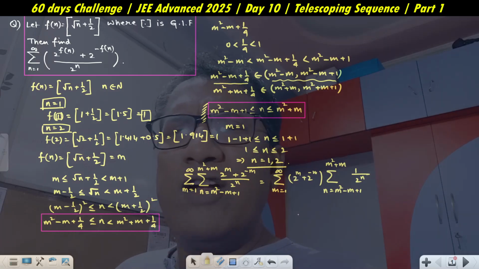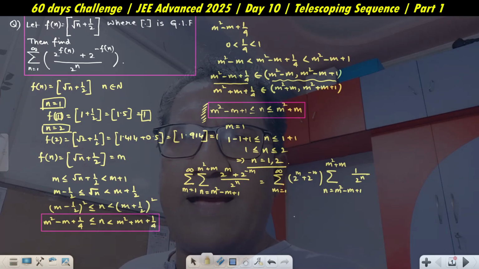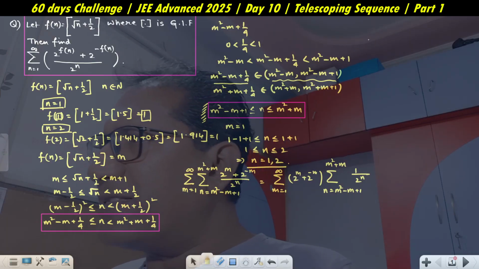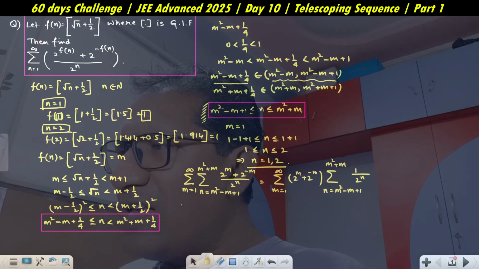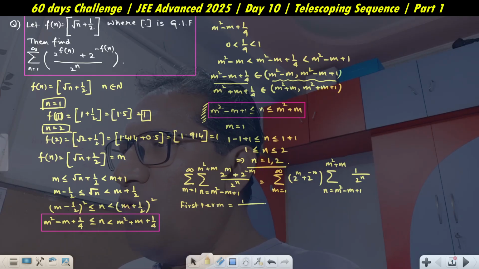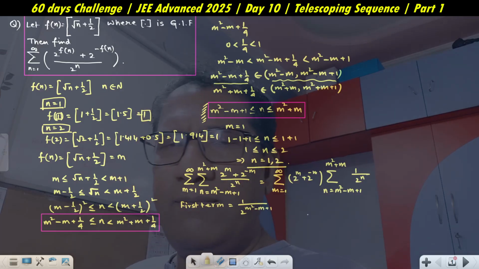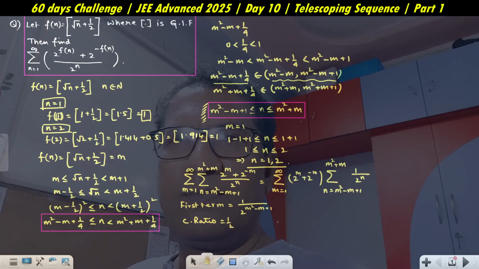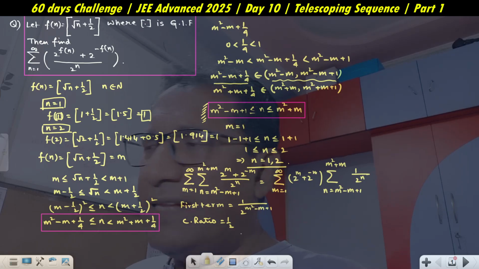Now 1 over 2 to the power n is basically a GP series whose first term is 1 over 2 to the power m square minus m plus 1, and the common ratio is half.